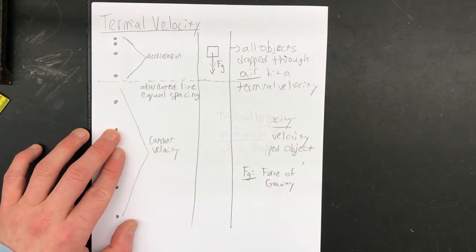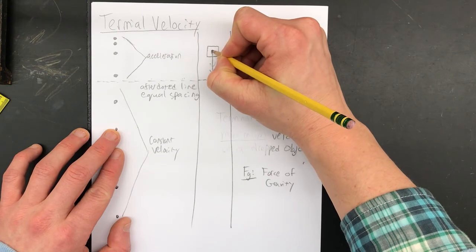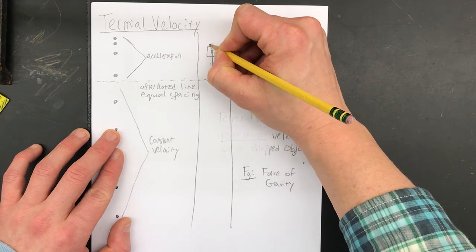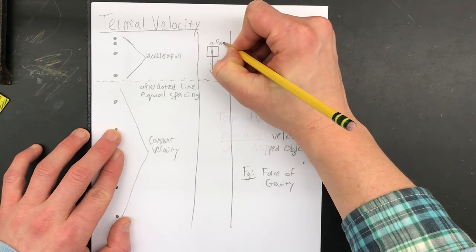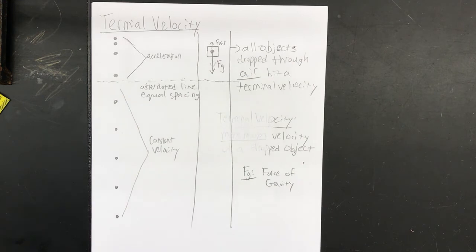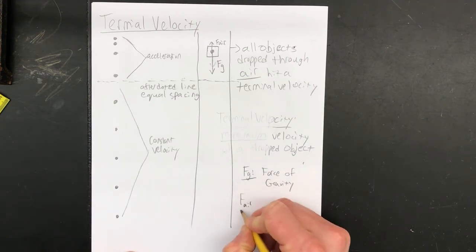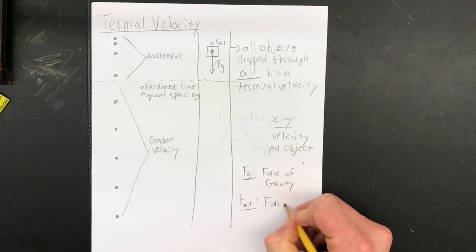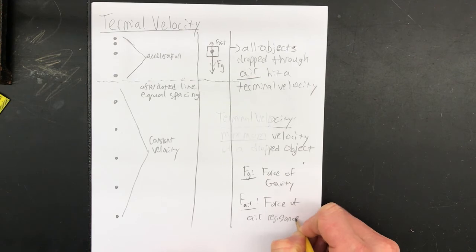So there's the force of gravity. Now, as it starts to speed up, there gets to be a little red arrow from the video you watched pushing upwards. I'm going to draw that arrow shorter. The force of air resistance, F air, I call it. Force of air resistance. So that keeps it from speeding up too much.